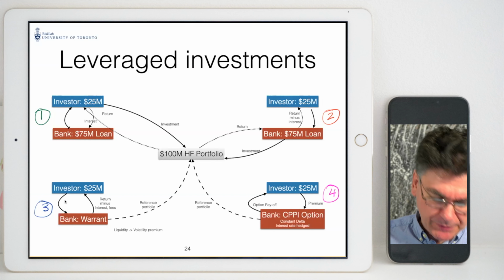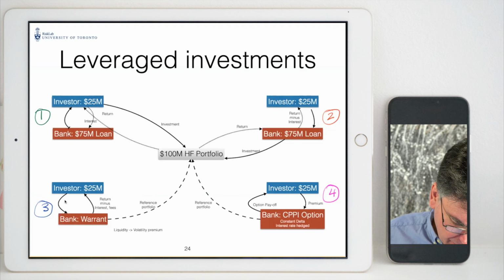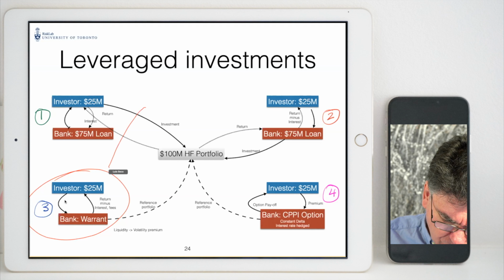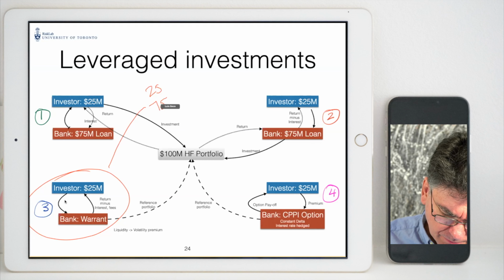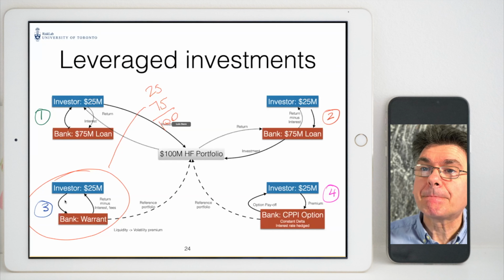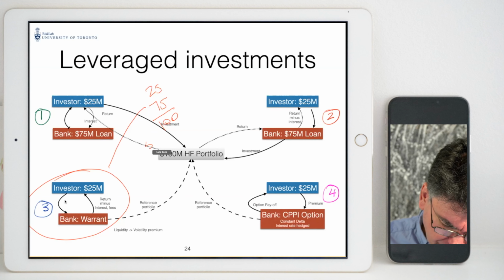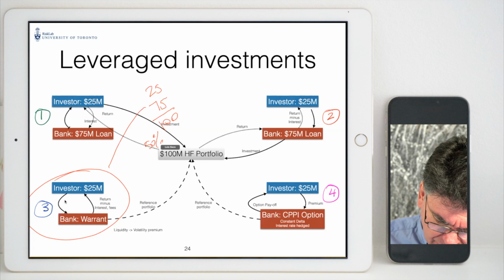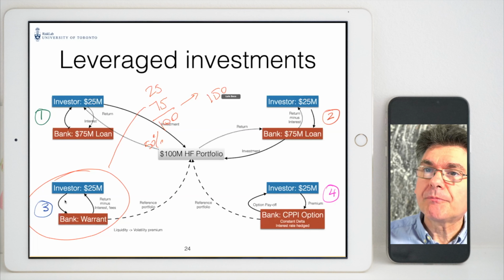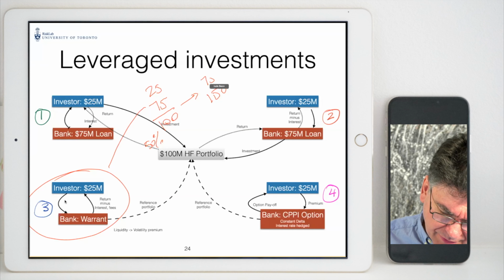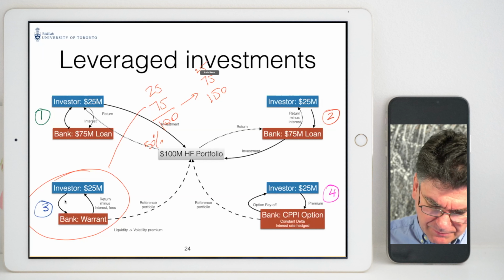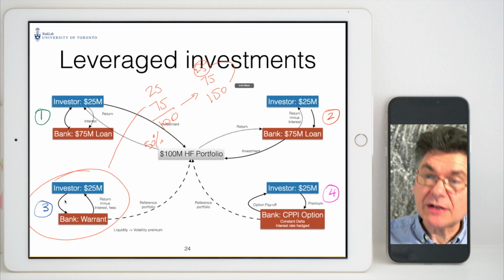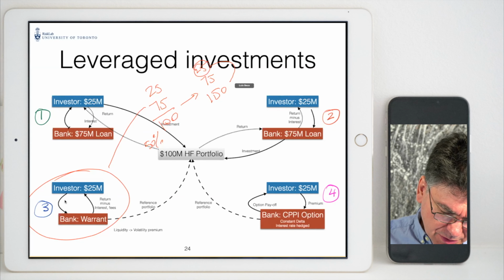I have an example. Let's say in this here, you invest 25,000 and the bank invests 75. Total, 100. Let's say that the performance is very good. You make 50% return. So 100 becomes 150. The bank, you still owe 75 and you have 25. But your 25 now controls 150. Here your leverage is 4 times.